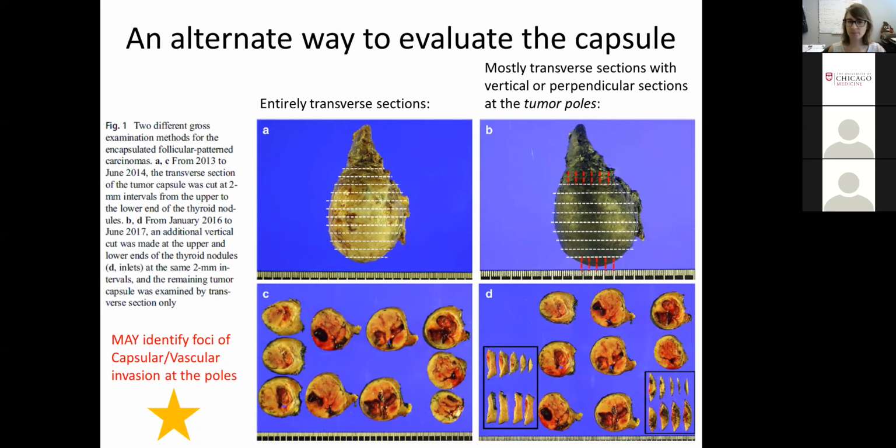In this modified approach, you would only transversely section through the center of the nodule but perpendicularly section through the poles of the nodule in order to get potential invasion at the periphery visualized in a perpendicular fashion, right? Rather than a sort of en face fashion, because you're never going to see good invasion just by looking down at the capsule. You have to see it perpendicularly. Does this all make sense?